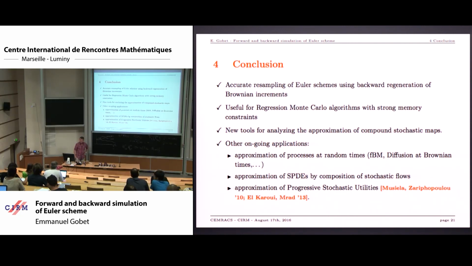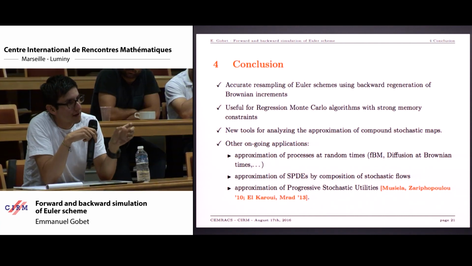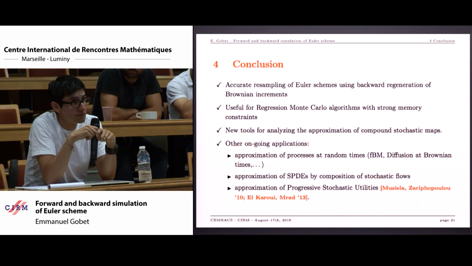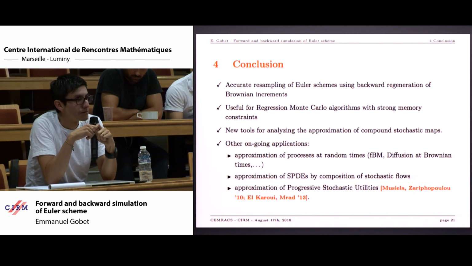Any other question? Yeah, I don't know really if this happens, but given that you have a pseudo-random generator that is invertible, does it mean that you lose something from the point of view of statistics? Do you have a loss in the variance or the type of results you can obtain?